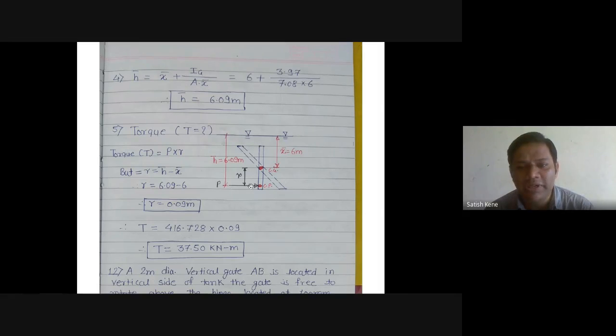This is the P acting on the center of pressure, at 6.09 meter depth from liquid surface, and the center of gravity from liquid surface is X bar, that is 6 meter, already given in the numerical. This is our CG, center of gravity. This is the center of pressure, CP. If we know the value of R, the distance between center of gravity and center of pressure, easily we can calculate the value of torque.